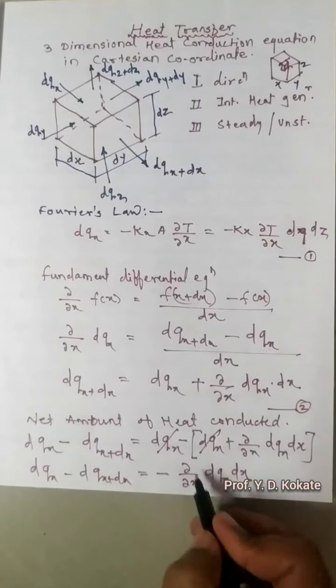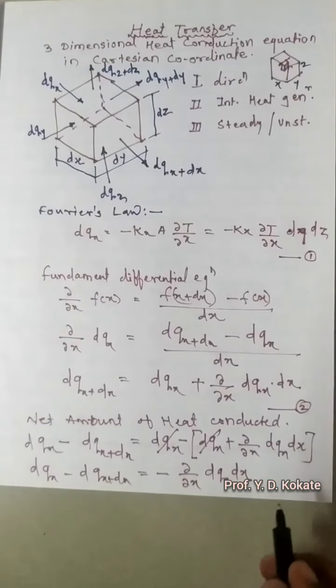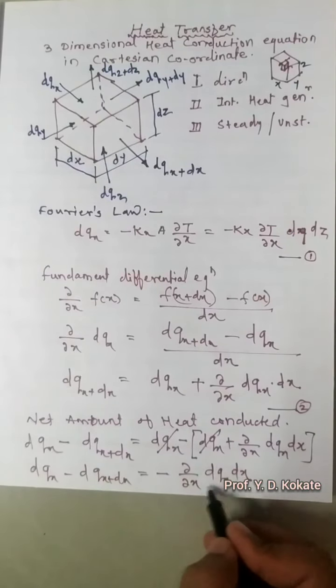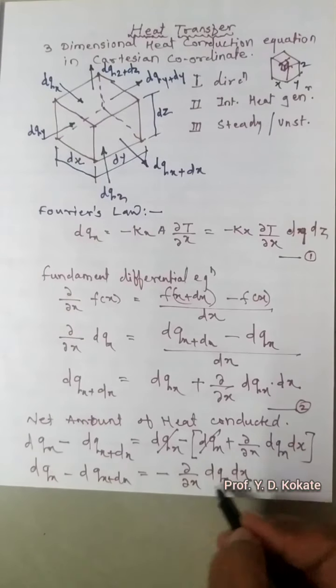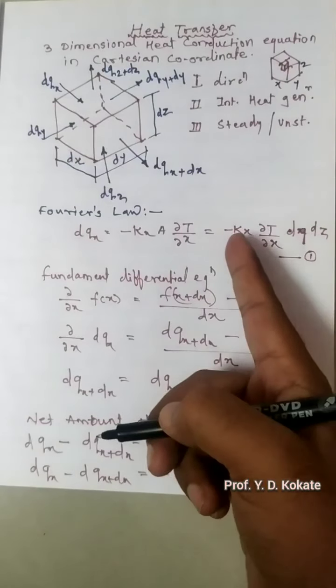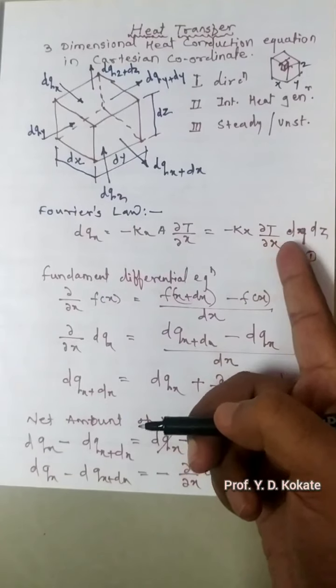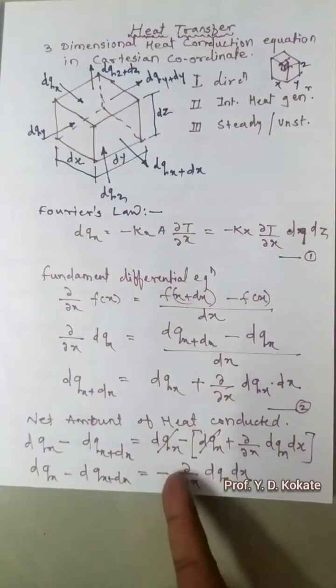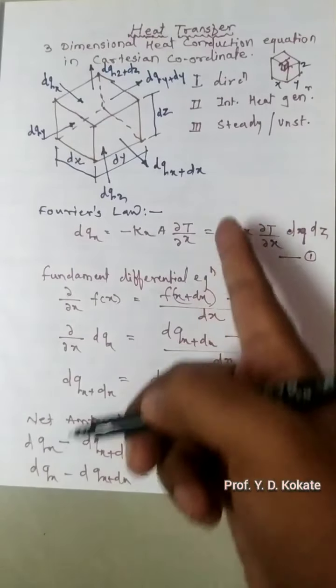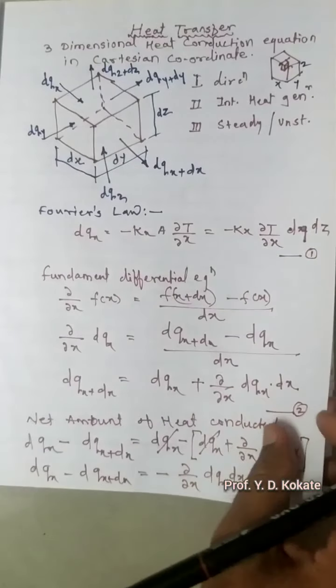So we take this dqx value from here: kx ∂T/∂x dy dz. This minus sign will become over here, and this minus will become a plus. So we can write it down like this.